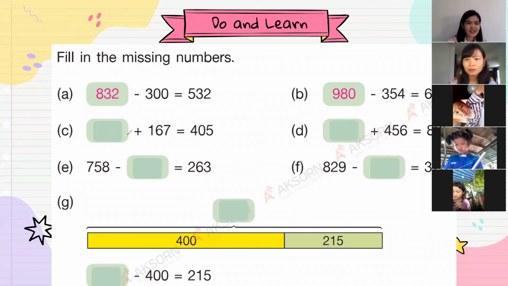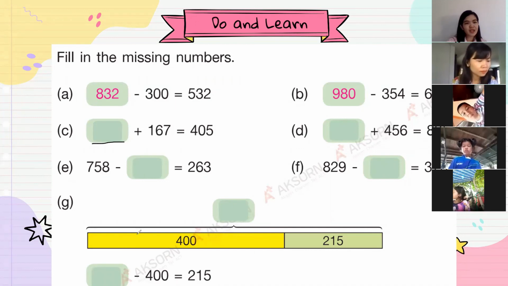So next, we're going to look for the unknown number, this one. So what are we going to do? So we're going to minus, or subtract, 167 to 405.